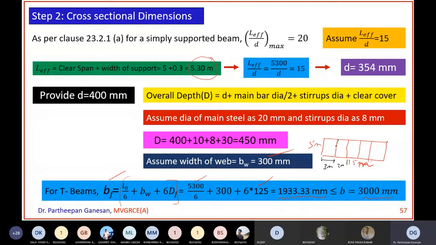So if you consider this beam, 1.5 meter from this side, 1.5 meter from this side, that is your actual B. Actual B is 3 meter. So center to center of beam itself will become actual width of the flange. So that is 3000. So you can take BF as 1933.33.